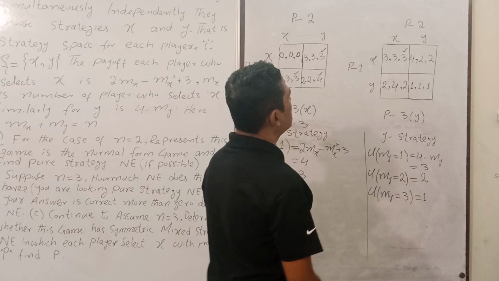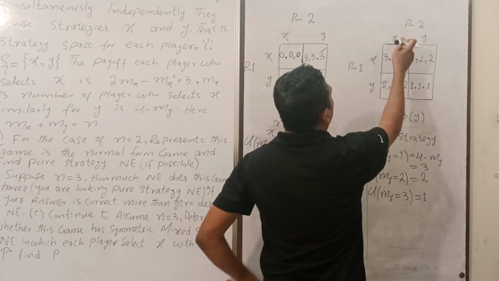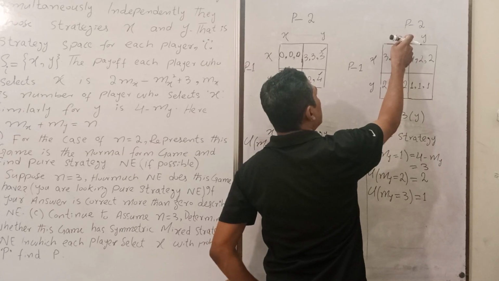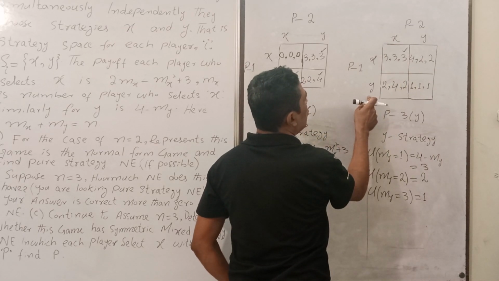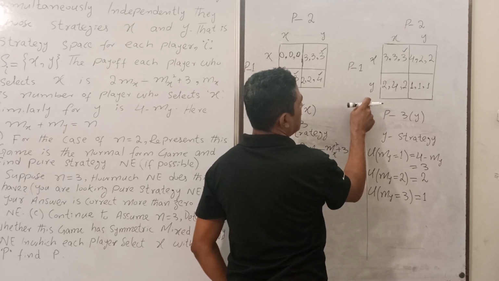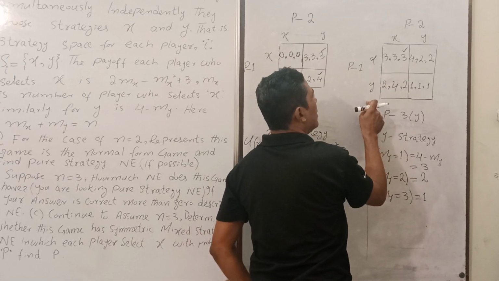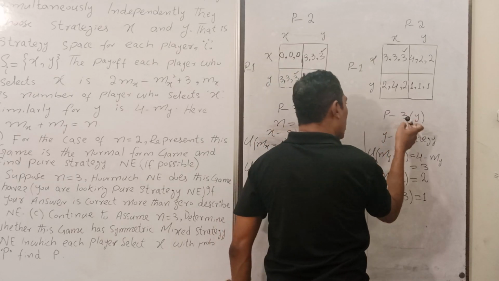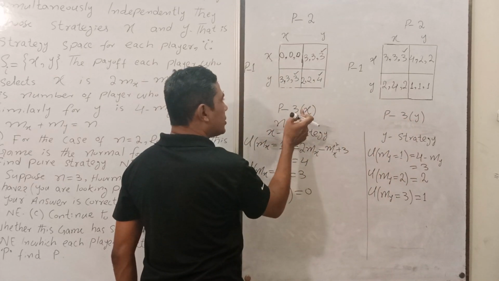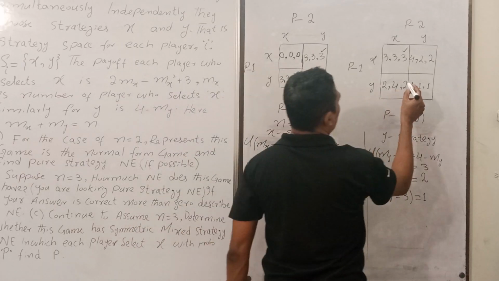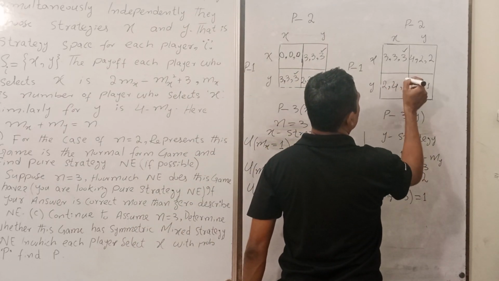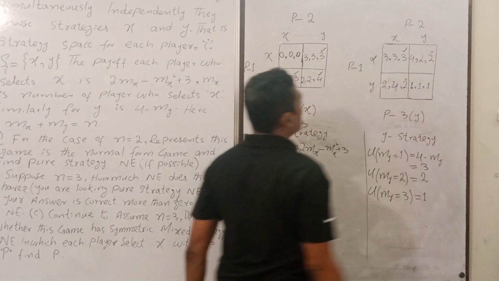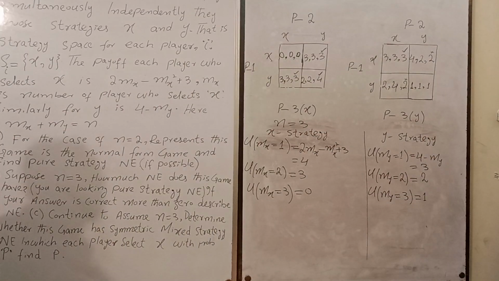Clear? Now, P2 decides to play X and P1 decides to play Y. I never select strategy Y. I always prefer my strategy X. So I will not select this one. I am crossing this one. Not going to select it.